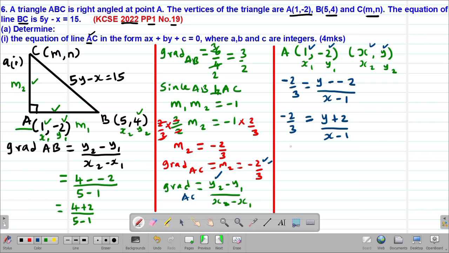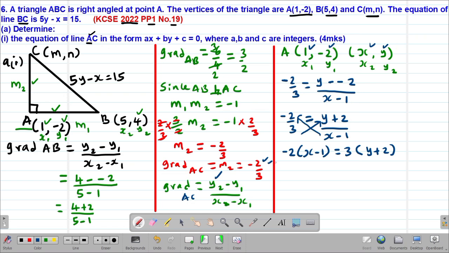Now on cross multiplication, we end up with negative 2 into x minus 1, so the 3 multiplies with that, being equal to 3 into brackets y plus 2.